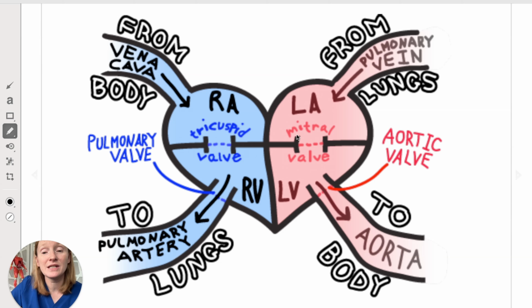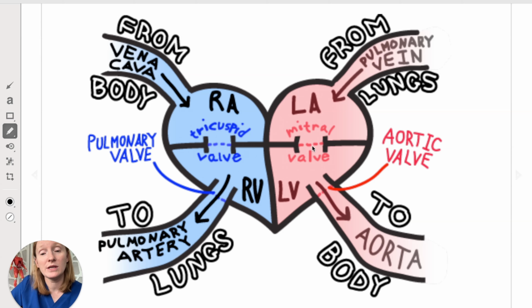So the left side of the heart has two flaps on the mitral valve, just like it has two names, a bicuspid valve and mitral valve. So the bicuspid valve is the one with two names and two flaps. The tricuspid valve only has one name, but it has three flaps.